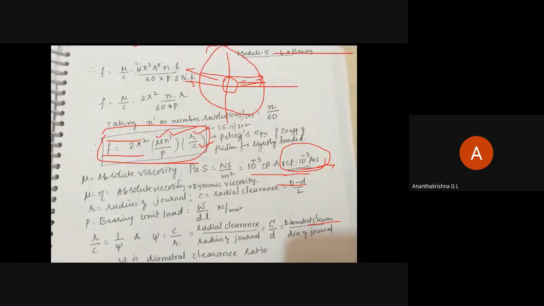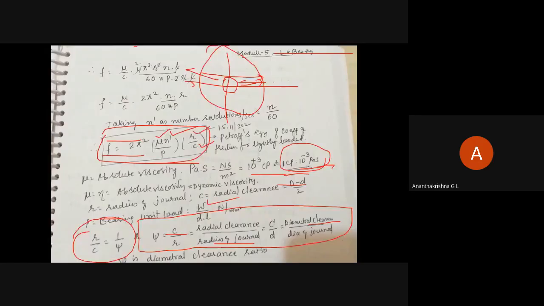Okay. And now C is the radial clearance and P is bearing unit load given by W by L into D, and R by C essentially is 1 by Xi, or Xi is equal to, this is very, very important, keep in mind, Xi is equal to radial clearance divided by radius of the journal, or if you take diameters, it is the diametral clearance divided by diameter of the journal. Okay, that you should have clarity.